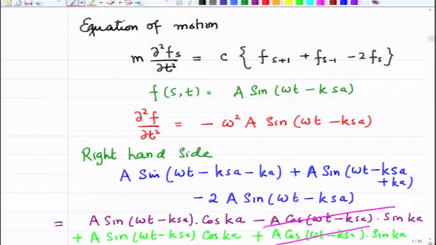So, let us see how does it work out. I will go to the next page. So, I am looking for the solution. Let me rewrite this.